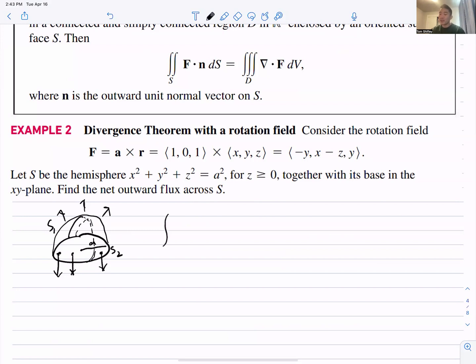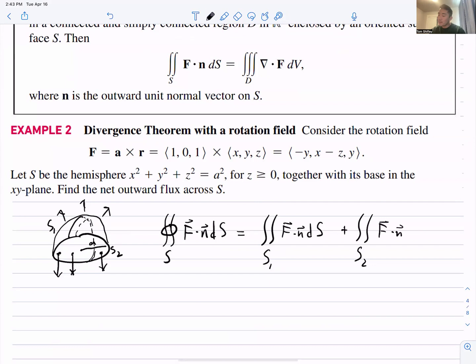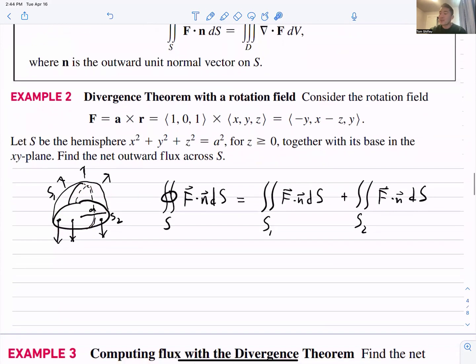So the double integral over the surface S, and we call it a closed surface because it closes the region just like a closed loop closes a loop, of f dot n dS, we'd have to do over S1 of the vector field dot n dS plus the double integral over S2 of f dot n dS. And so in order to do the flux of this whole thing, we have to compute two different integrals, and that's a pain. And so divergence theorem makes it way easier.